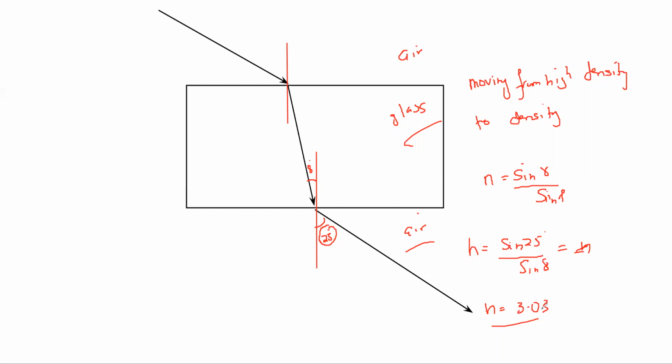Because the refractive index of air is 1, we always get the refractive index of the material. So there are two formulas for refractive index, depending on the question.